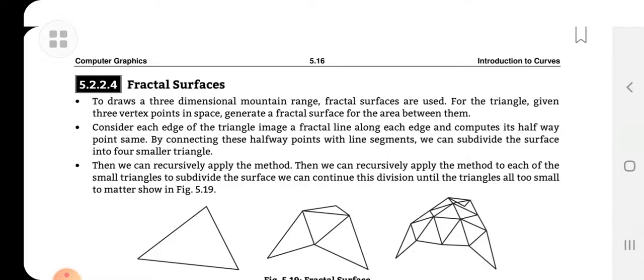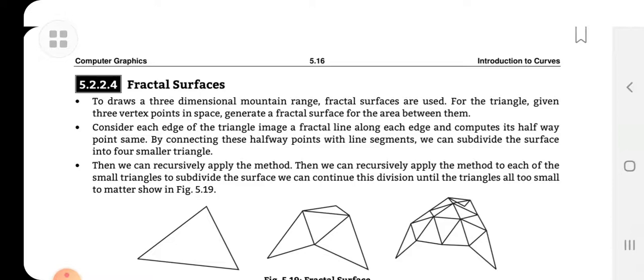After the discussion of fractal lines, we will discuss fractal surfaces. To draw a three-dimensional mountain range, fractal surfaces are used. For a triangle, given three vertex points in space, generate a fractal surface for the area between them.